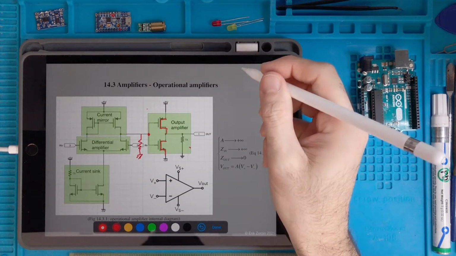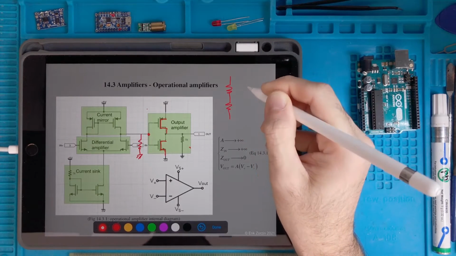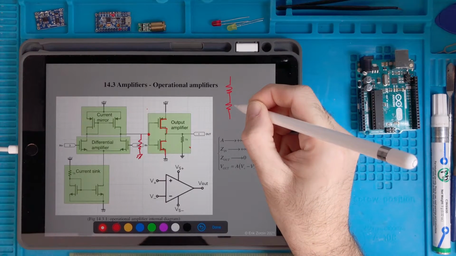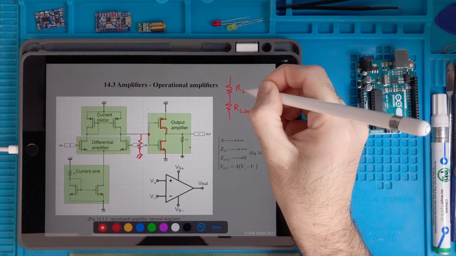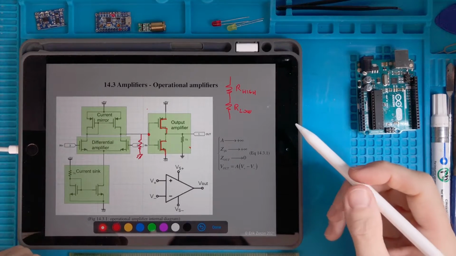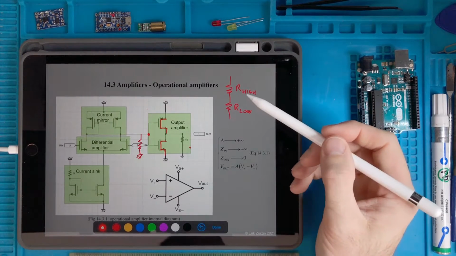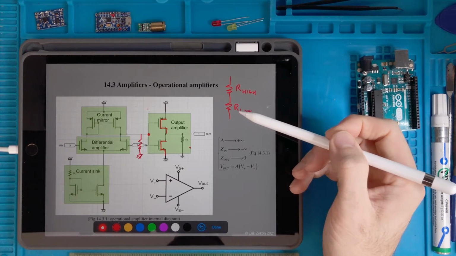So when we have a voltage divider like this, where this resistance, I call it R low, and this I call it R high. Sorry, high doesn't mean that this is above this, it means that the value of R is higher than this one.